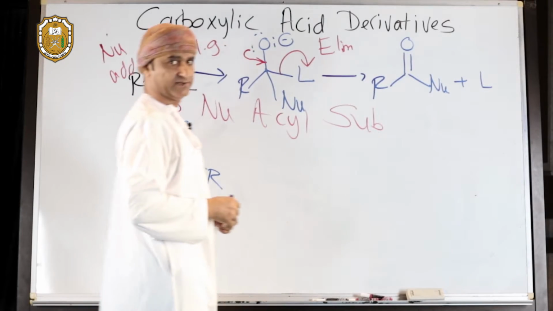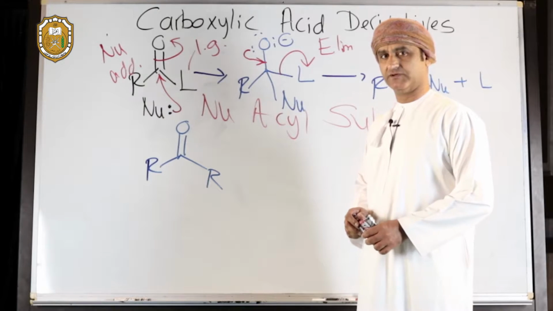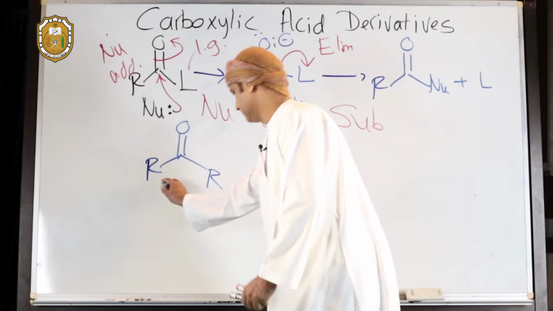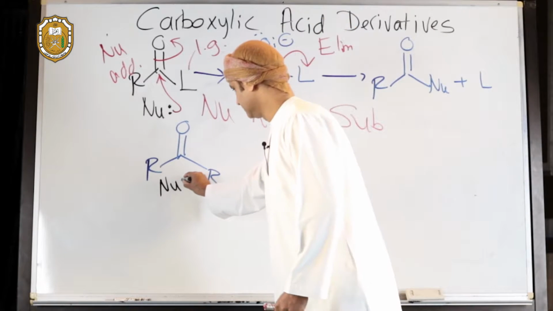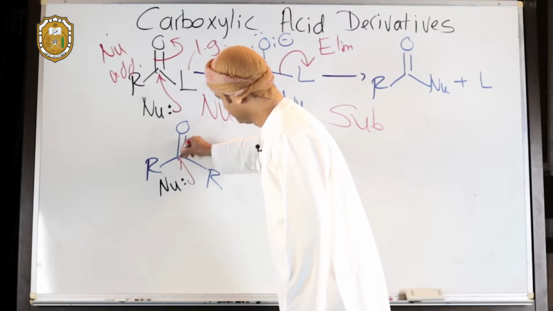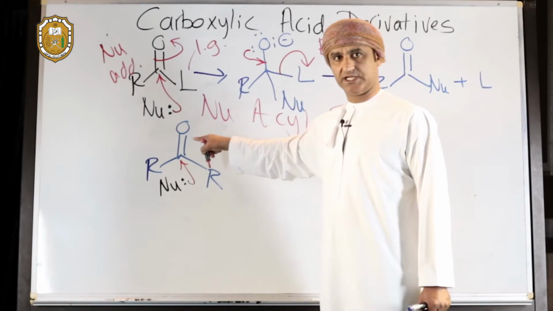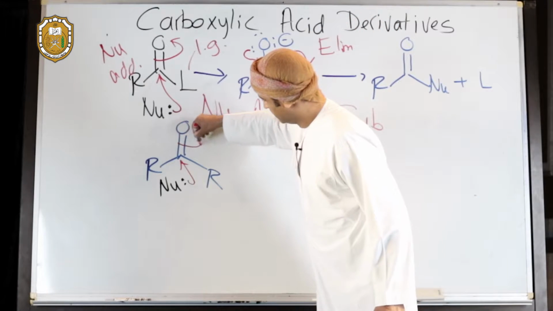When a nucleophile approaches ketones, it can do nucleophilic addition. The nucleophile, with a lone pair, attacks this carbon. And again, that carbon is electrophilic due to the same electronic reasons, inductive effect and resonance.